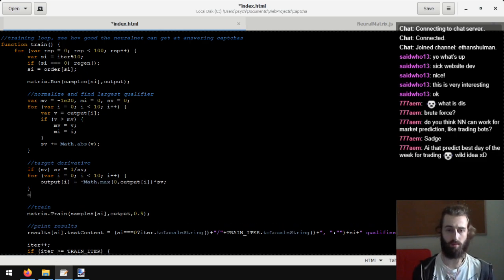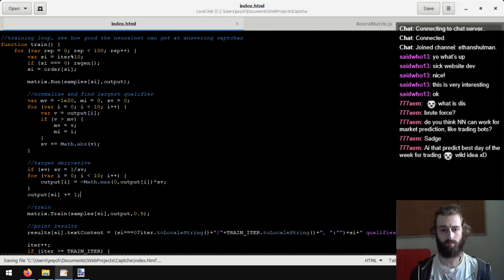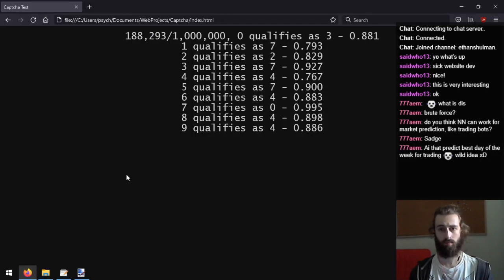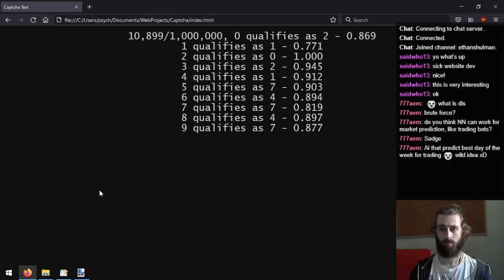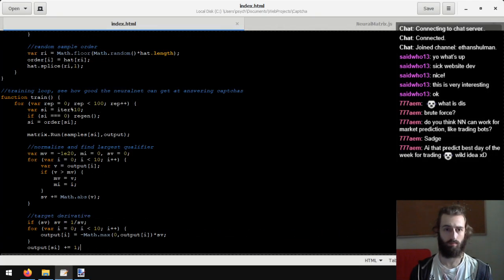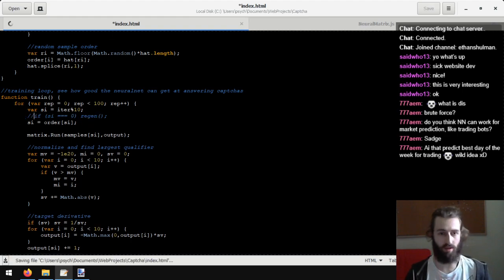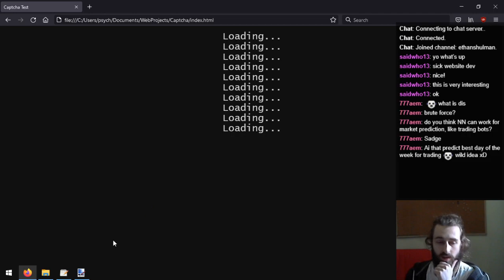And that didn't seem to make any difference. And I'm assuming if we stop regenerating these each time, it'll train very quickly.